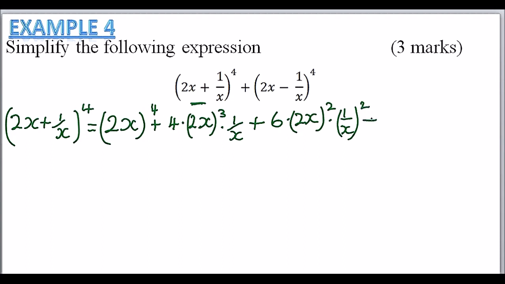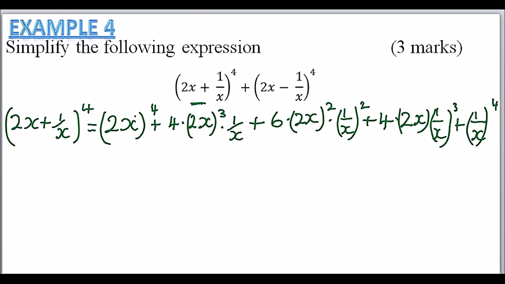squared, then plus 4 multiplied by 2x, then we multiply by 1 over x in brackets to power 3, then we add 1 over x in brackets to power 4.